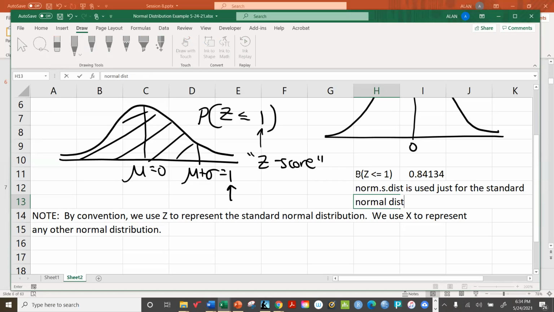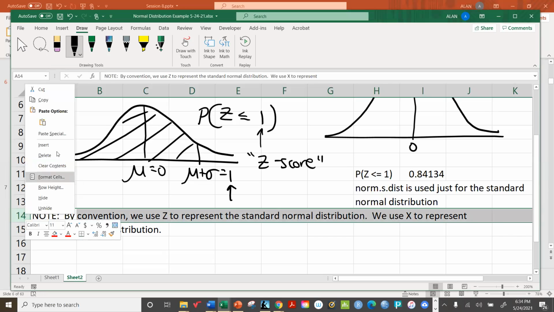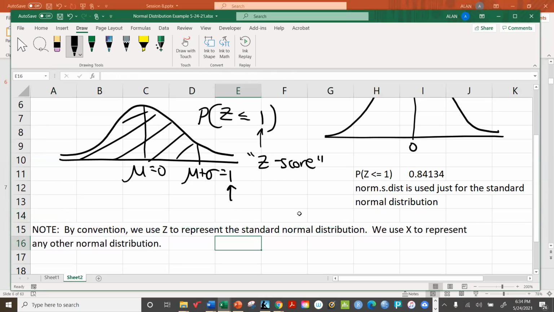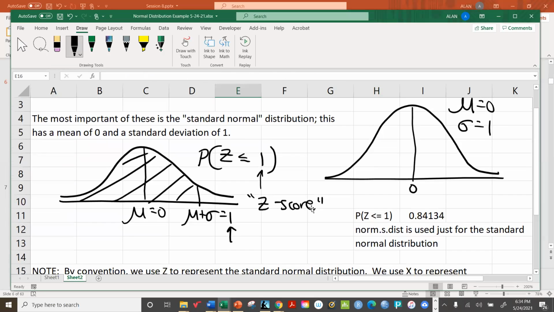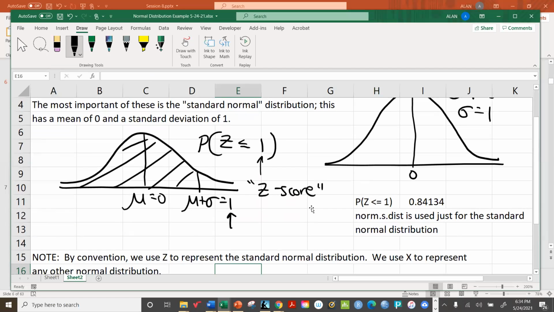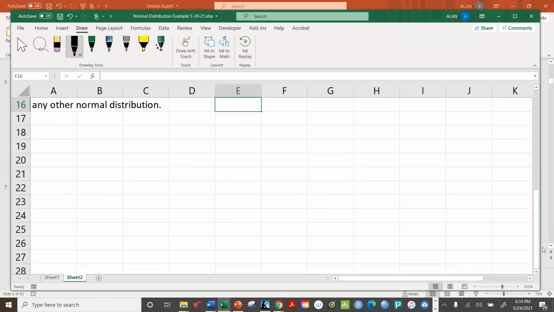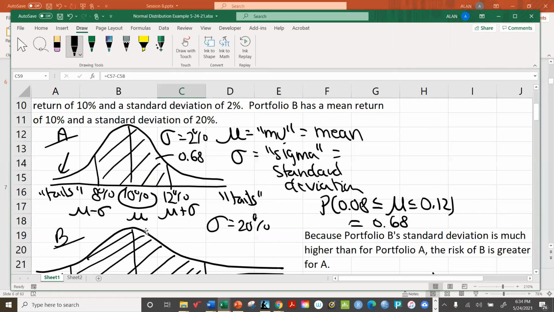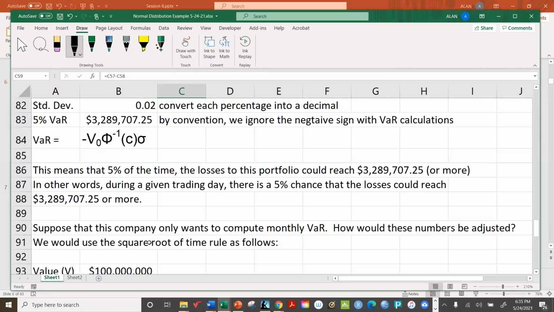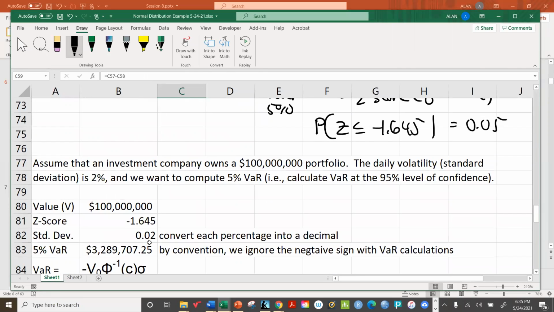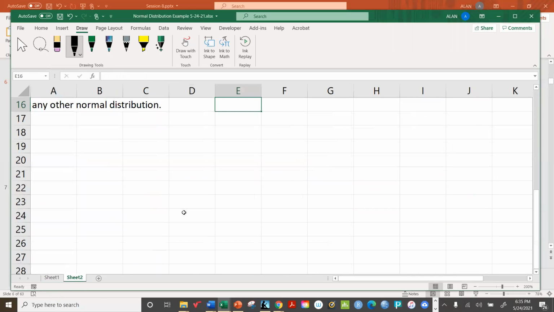So it's kind of convenient. They built that in Excel, so you can use that just for these special cases. Now, with the VAR methodology, we're actually not going to calculate probabilities. We're going to work this in reverse. It's kind of interesting. So let me show you what I mean by that. Suppose, well, let's take a look at this case.